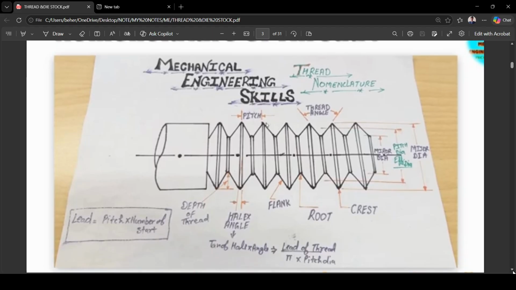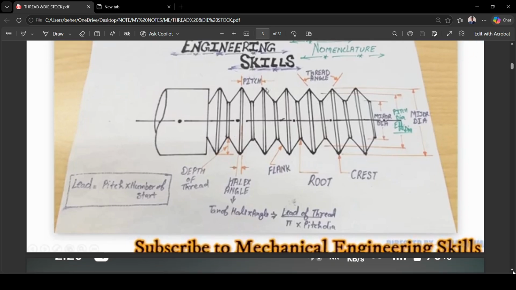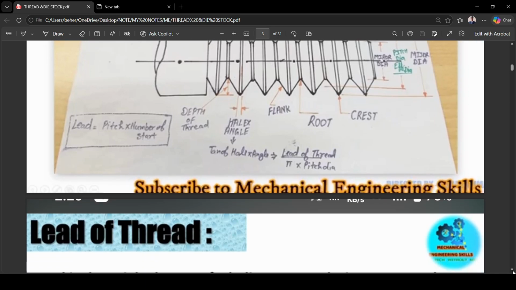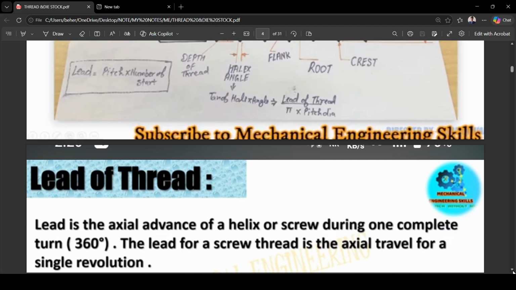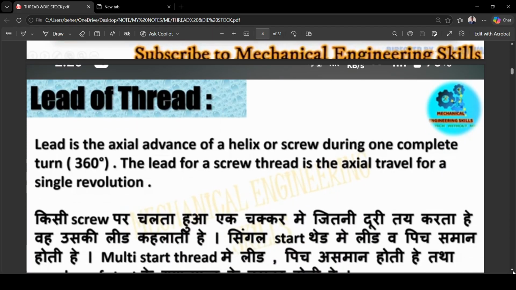It shows depth, helix angle, flank, groove, crest, thread angle, pitch, major diameter, minor diameter, and pitch diameter. I will explain everything. And lead equals pitch times the number of starts, and the helix angle.